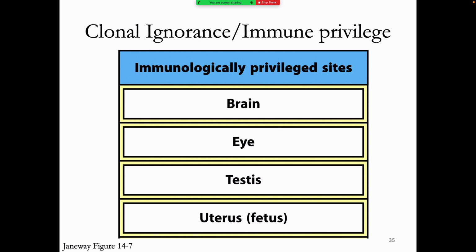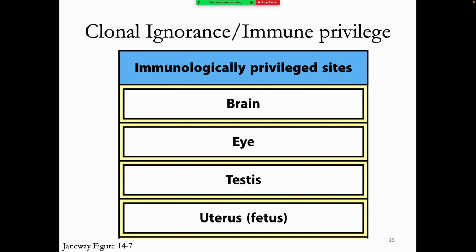So adaptive immune cells are unable to attack in those areas. So you cannot have damage. They cannot mistakenly damage things. The idea is it's just too important to make sure that these body locations are okay.